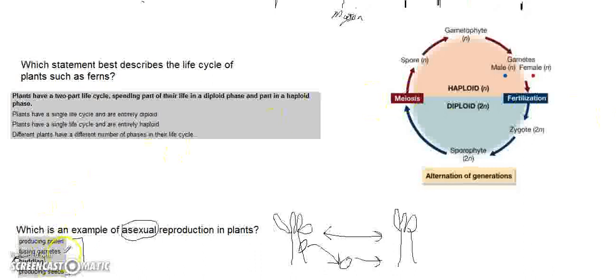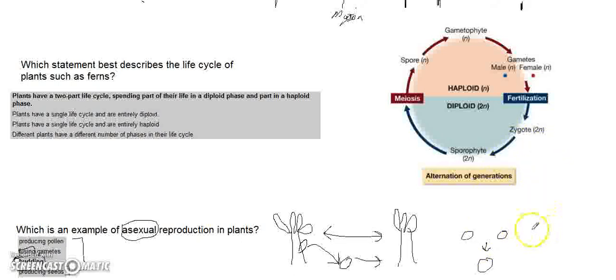And then fusing gametes. Maybe the vocabulary is a little hard here. Fusing means coming together, so when two objects become one, that's fusing. And gametes means sex cells.